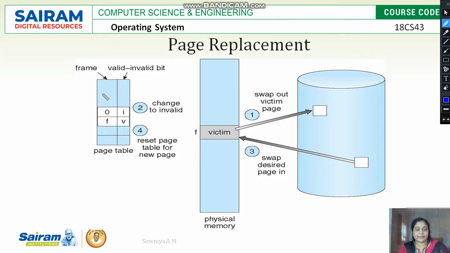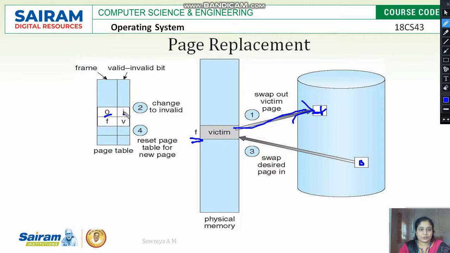Taking the same example, there was page 0 with an invalid bit, and a frame F was found as the victim. The victim is swapped out to disk. What was needed was O, so O, which was on disk, will be copied into the frame. So the first step is that the victim found using page replacement is copied to the disk and this frame is made empty.